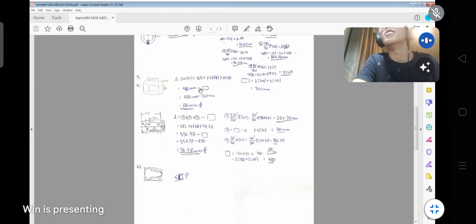And then I have to minus this rectangle within, so I have to find the length of the rectangle. The rectangle is 120 and 40. Oh yes, and I forgot. Anyways, this is all equal to 160 millimeters.